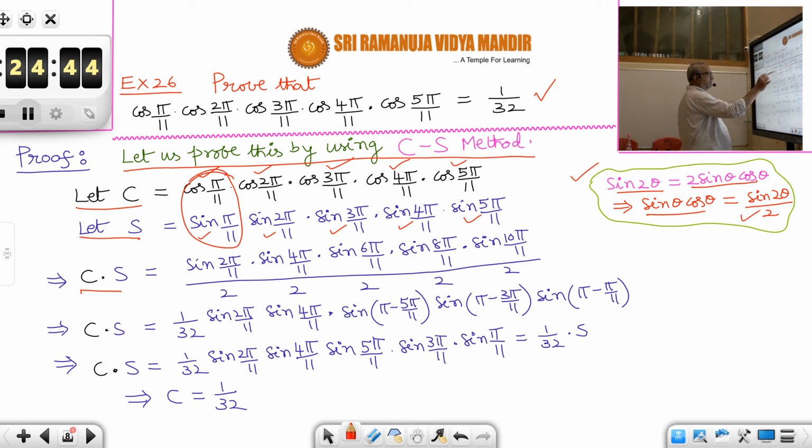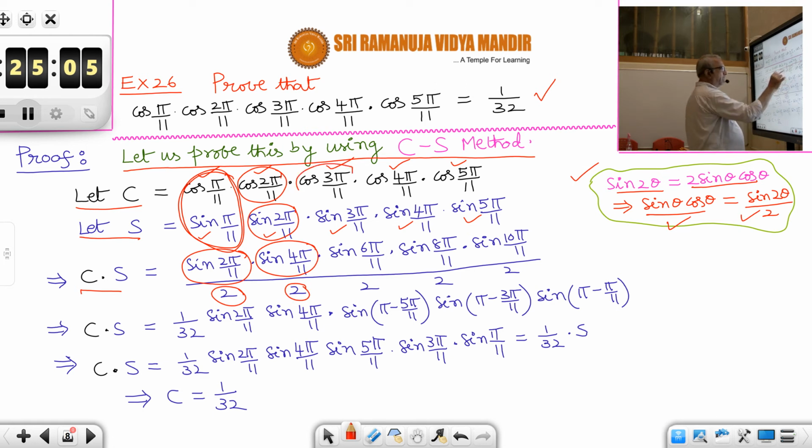So cos pi by 11 into sin pi by 11, the product is in the form sin theta cos theta. It is sin 2 theta by 2, so sin 2 pi by 11 by 2. Similarly, cos 2 pi by 11 into sin 2 pi by 11 is sin 4 pi by 11 by 2.